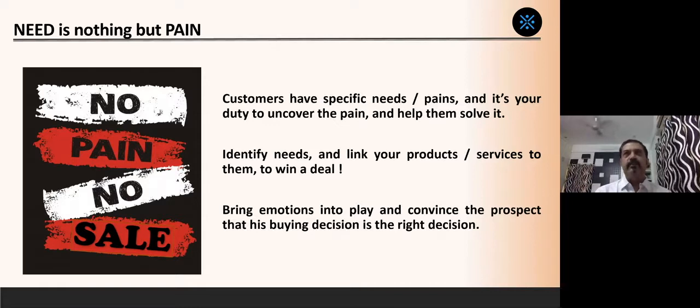When I say emotion, it is more his behavioral, mental map in terms of what he wants to decide. So you identify a pain, you emphasize that pain, you make him realize that he has that pain, and you also make him realize that he has to solve it by buying your product. So he has to decide, and you're influencing that decision. That's the process, right?